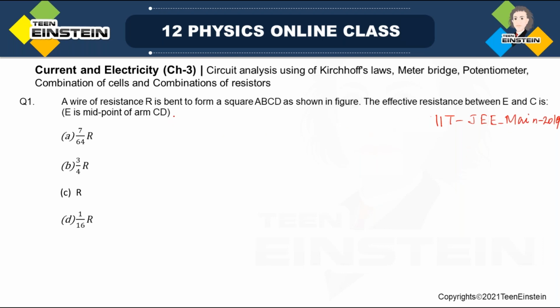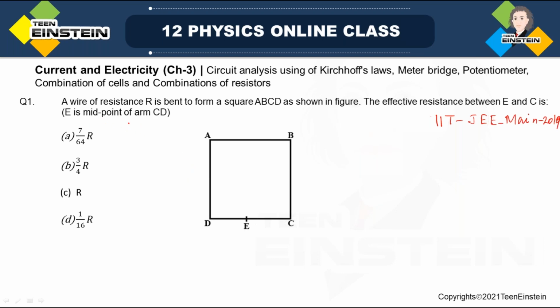So let us read the problem. A wire of resistance R is bent into a form of a square ABCD, as you see here. The effective resistance between E and C, where E is midpoint of the arm CD.